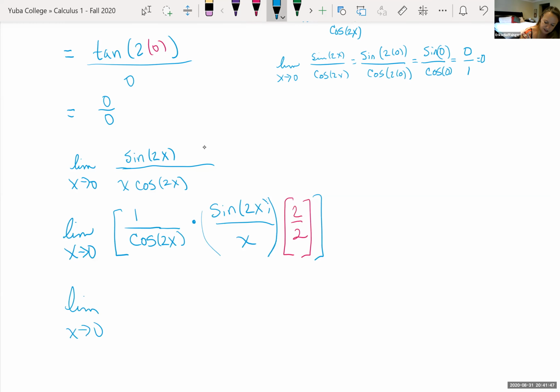I'm going to move this 2 that I'm multiplying in the numerator to be with the first fraction. So I could write it as 2 all over cosine of 2x times sine of 2x all over 2x.